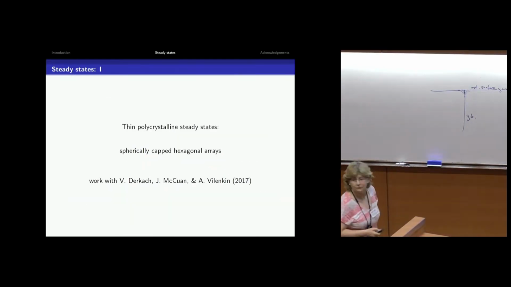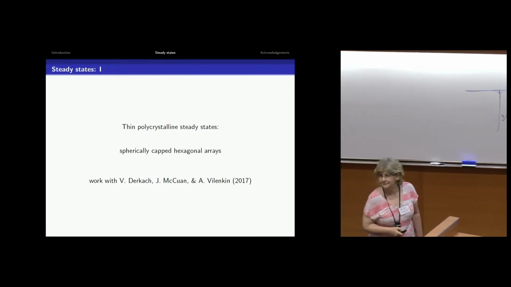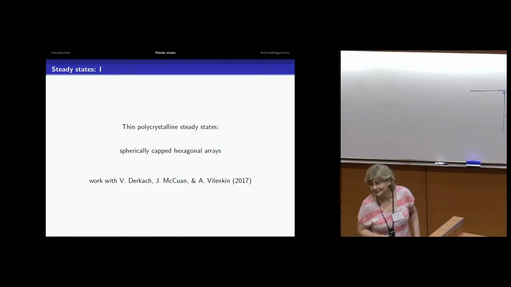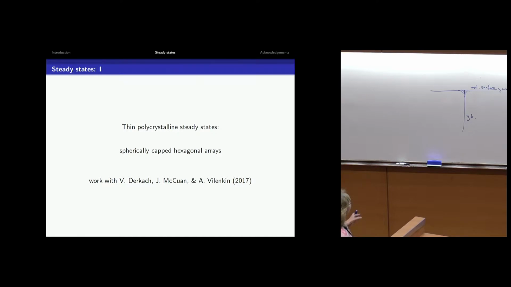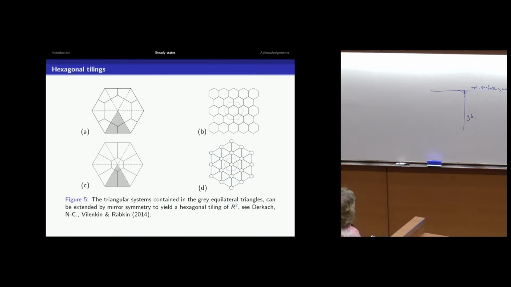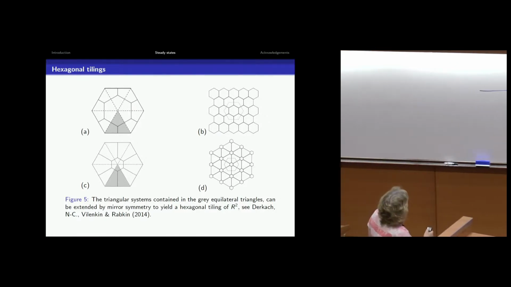So the title of my lecture promised the equilibria, steady states. First we're going to talk about polycrystalline steady states, these spherically capped hexagonal arrays. Vadim was running these triangles with 3 grains.